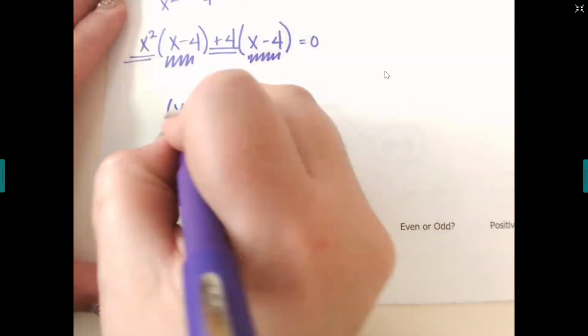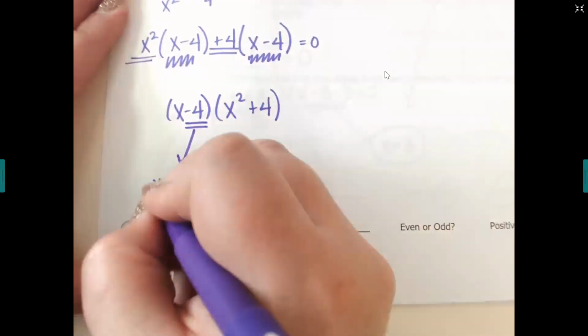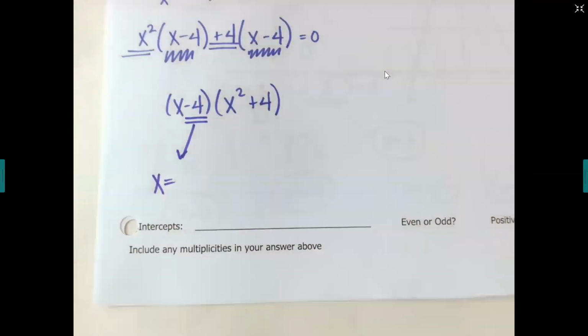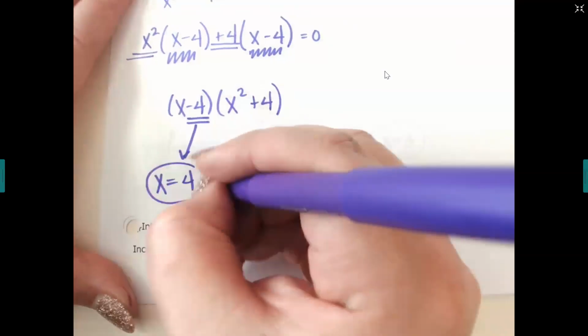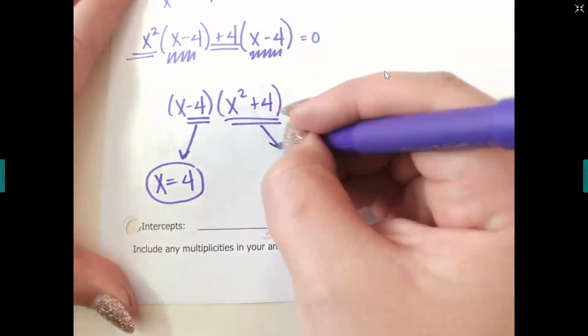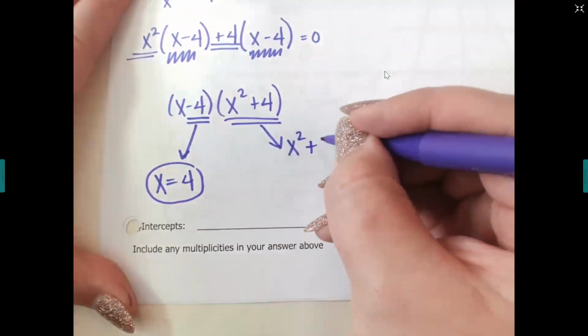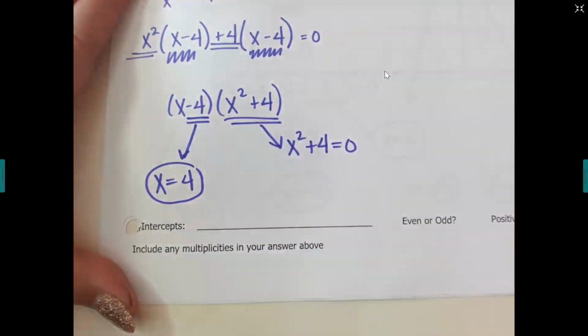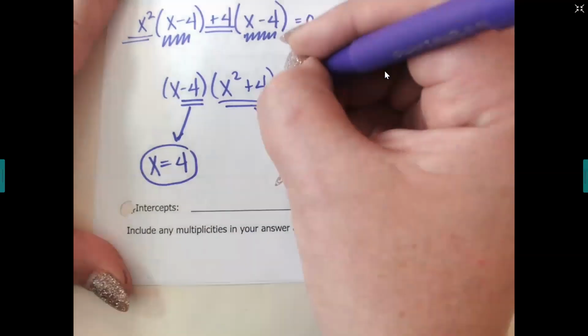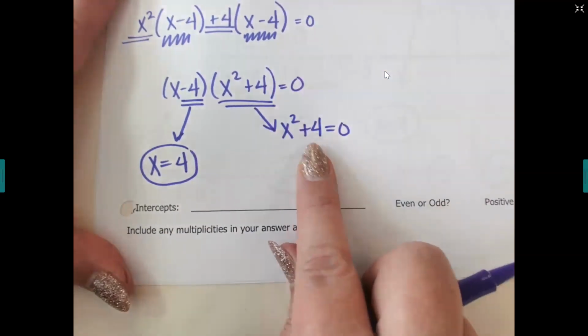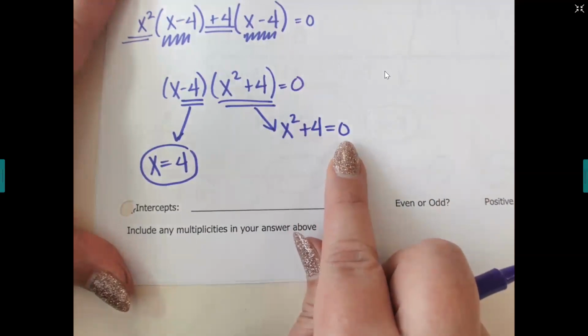If I let x minus 4 be equal to 0, what would the answer come out to be? Positive 4. And if I were to set this equal to 0, if you remember from last example, we all know what's going to happen. What's step 1? What do I do with the plus 4 to get it across to the other side?